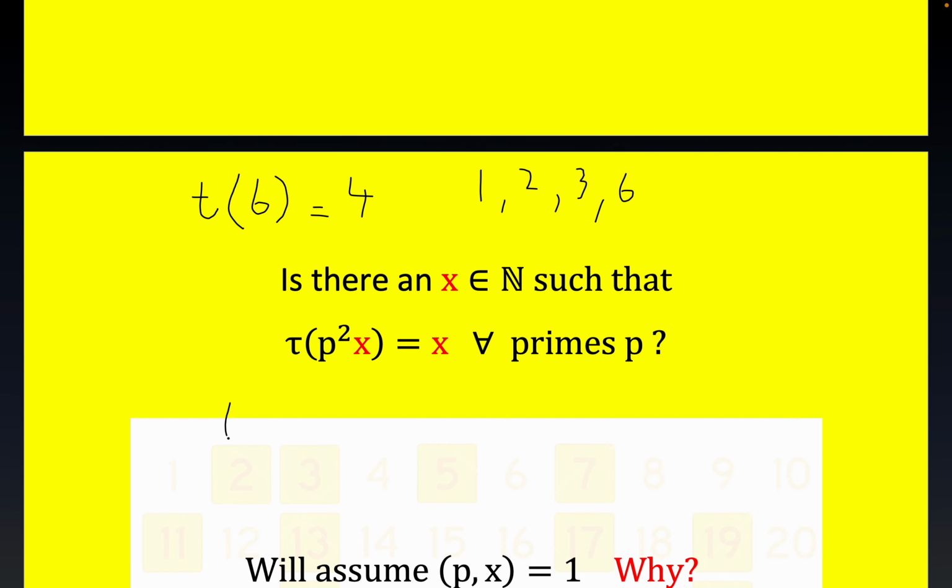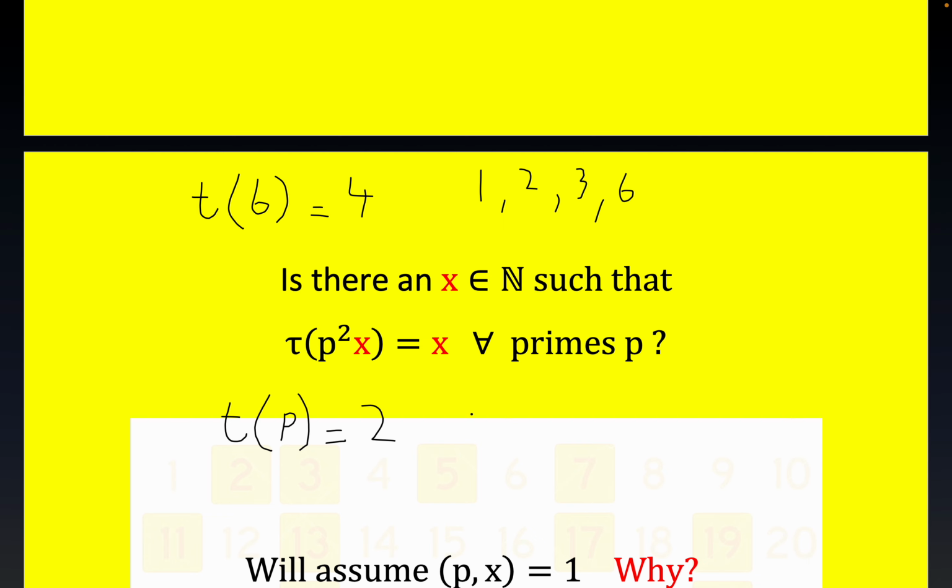In fact, what I'm going to write down next is more or less the definition of a prime number. If p is a prime number, that means it only has two divisors, namely 1 and p. And so tau at p is equal to 2. There's two divisors of p, and literally this could be the definition of a prime number.